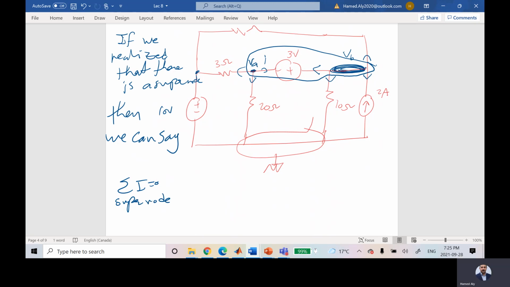How many branches? I have this current, this current, this current, this current, and this current. Let me write all of these currents.